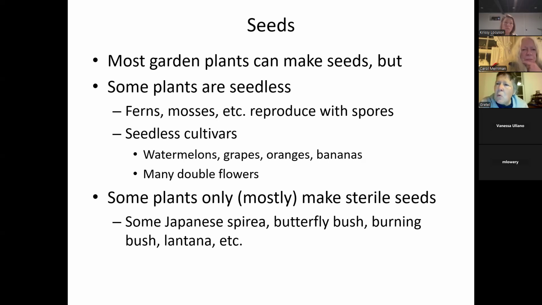So even if 0.1% of the seeds are viable, that's still tens of thousands of viable seeds. So yes, it is mostly sterile, but it's also invasive. That's mostly worth keeping in mind, because if you're going to start with saving seeds and trying to start them, I wouldn't start with something that has that low a germination rate. It's just too frustrating.